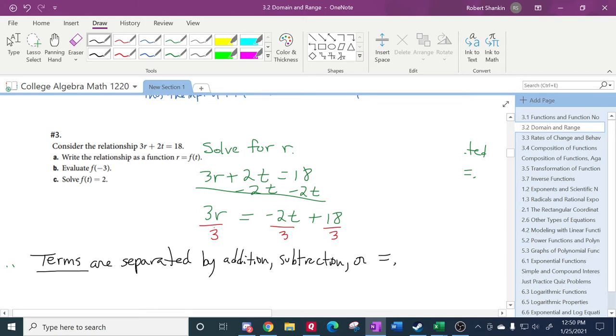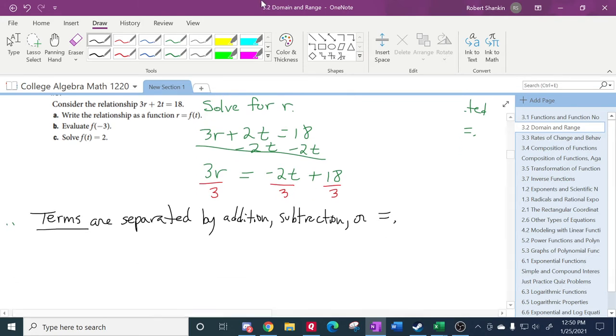Okay, then we divide all 3 terms by 3, and then I'm going to get r equals, and my favorite way of doing this is kind of in mx plus b format, so we can see what the slope is. So there's my function. It doesn't have to be written like this.